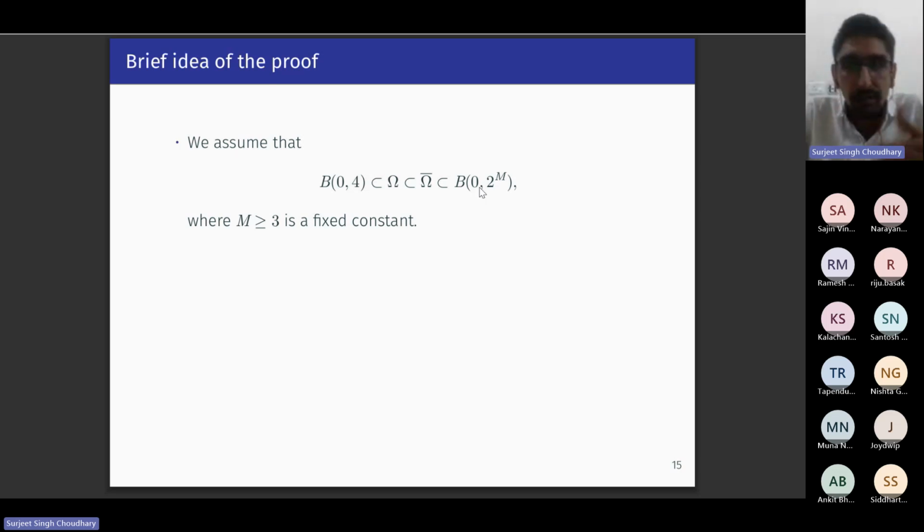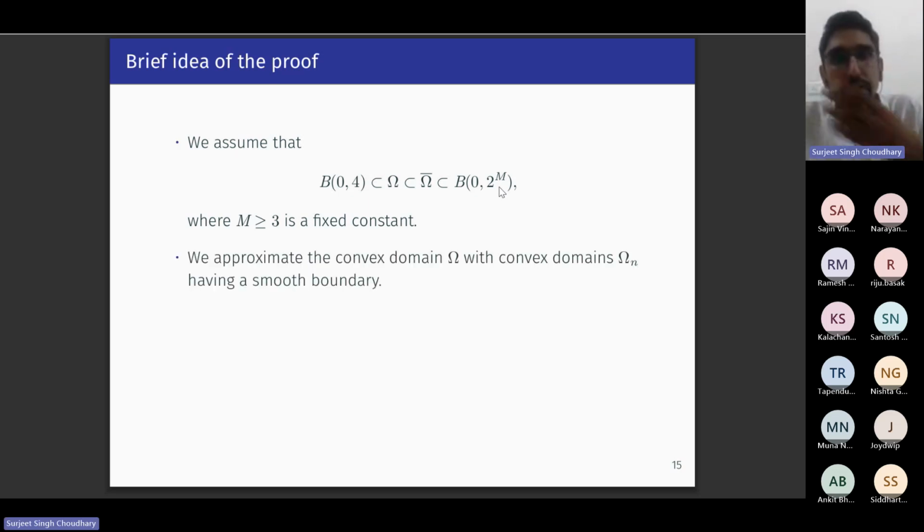If we do not have this case, then we can consider its dilated version, and using dilation invariance, we can obtain the boundedness for the given omega. So we will assume that omega lies in the ball of radius 2 to the power m and contains the ball of radius 1/4.